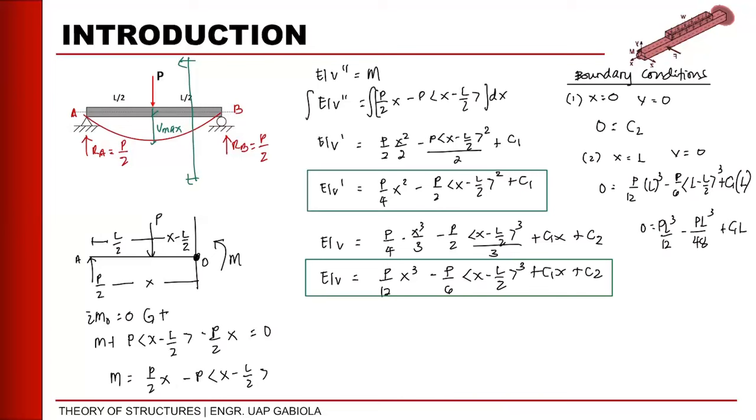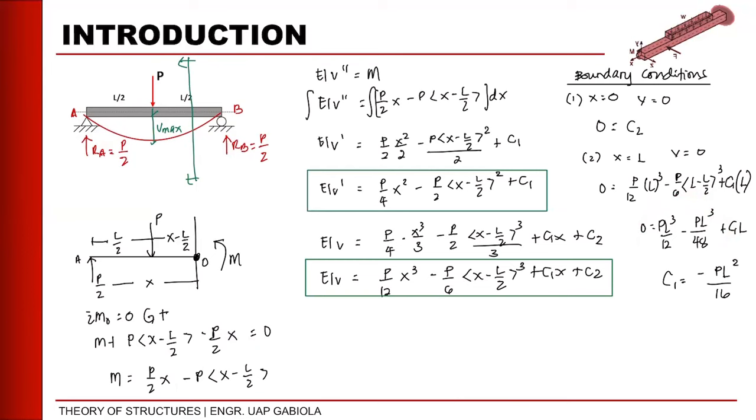Okay? Then let us solve for the value of C1. So pwede natin ito i-combine na kasi PL cube siya parehas, no? So C1 natin will be equals to 1 over 12 minus 1 over 48. That is 1 over 16. So negative PL squared over 16. This is our value ng C1. Okay?